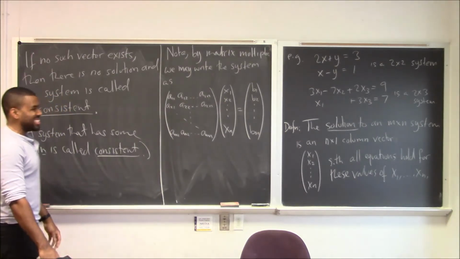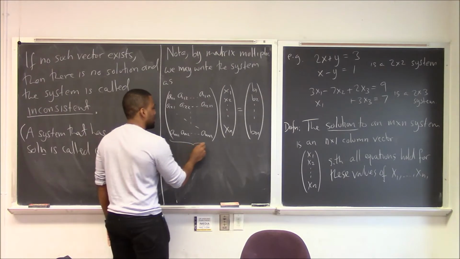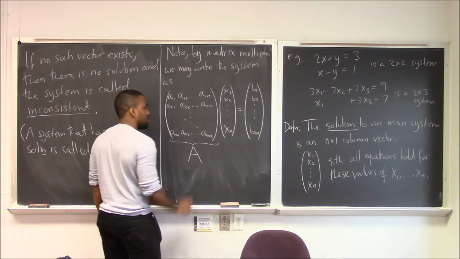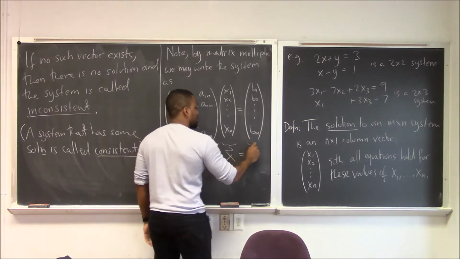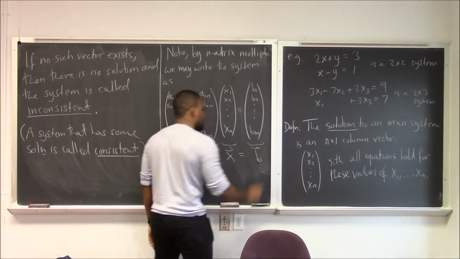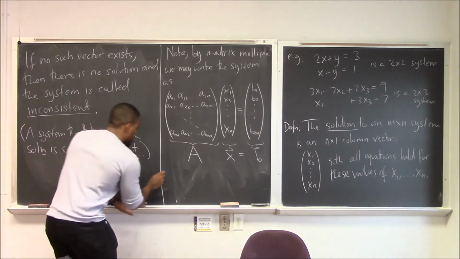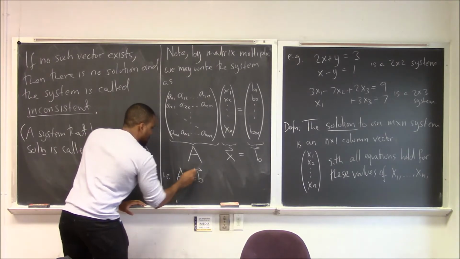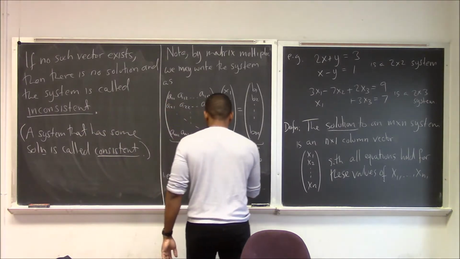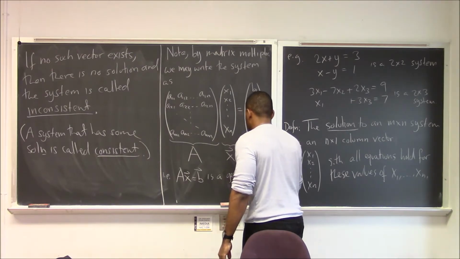And there are standard variables that we use to represent these. This guy is called A, this guy is often called X, and this guy is often called B. And so we describe this system as AX equals B. This is just a generic representation of a system of equations.